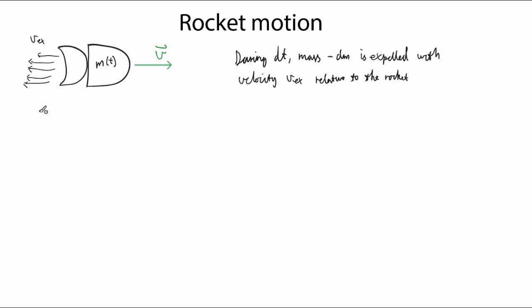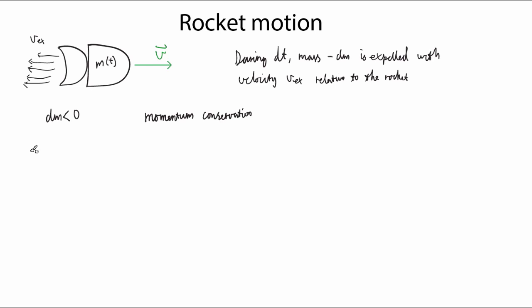The reason I'm saying minus dm is because dm, the change in mass in the time dt, is less than 0, because you're losing mass. And then we're going to use momentum conservation to solve this.